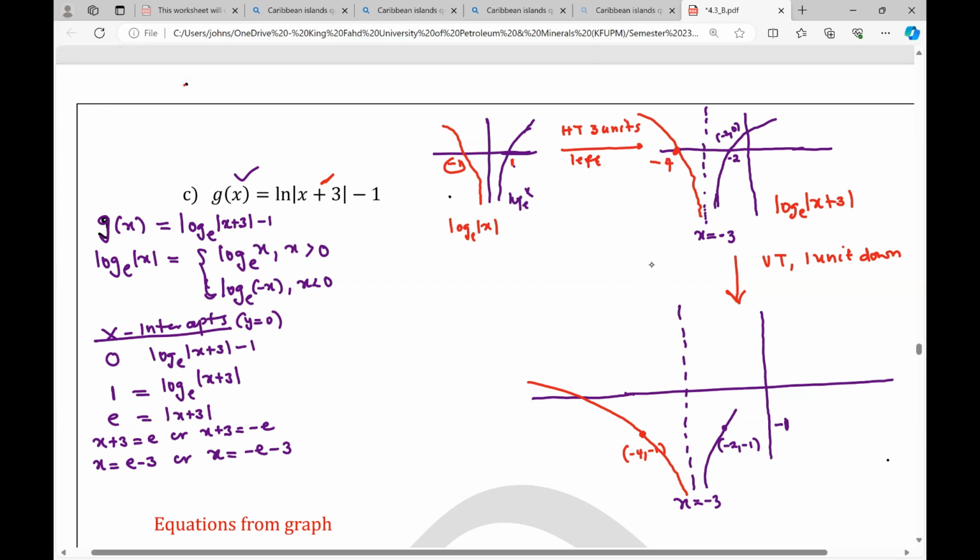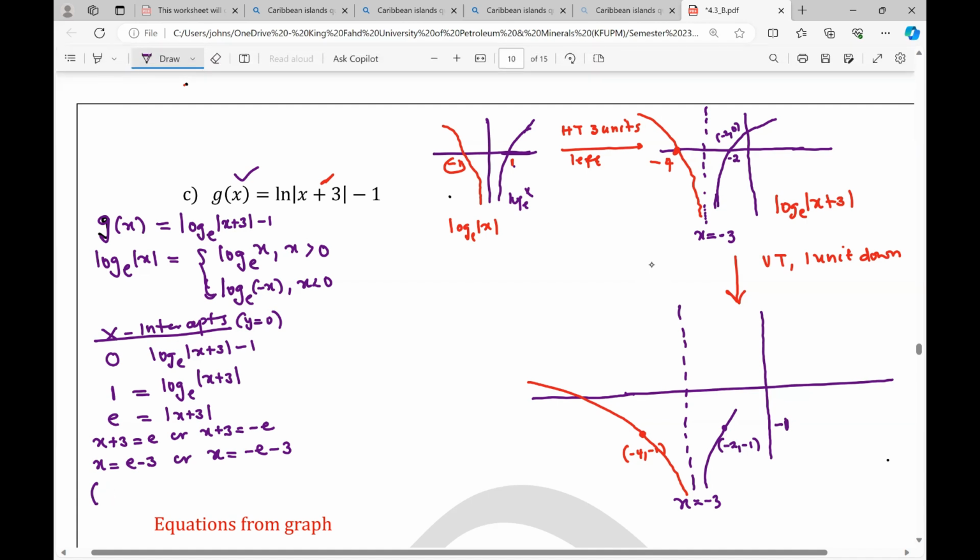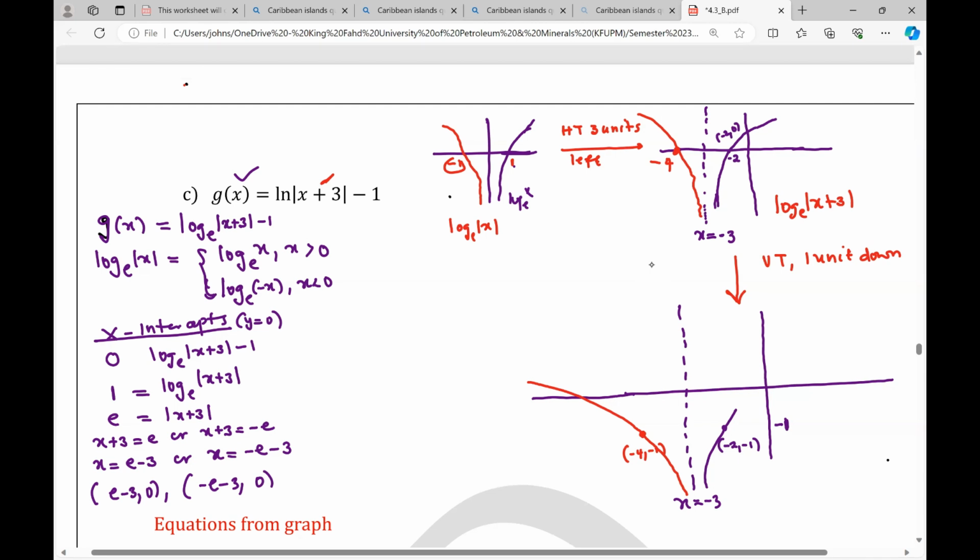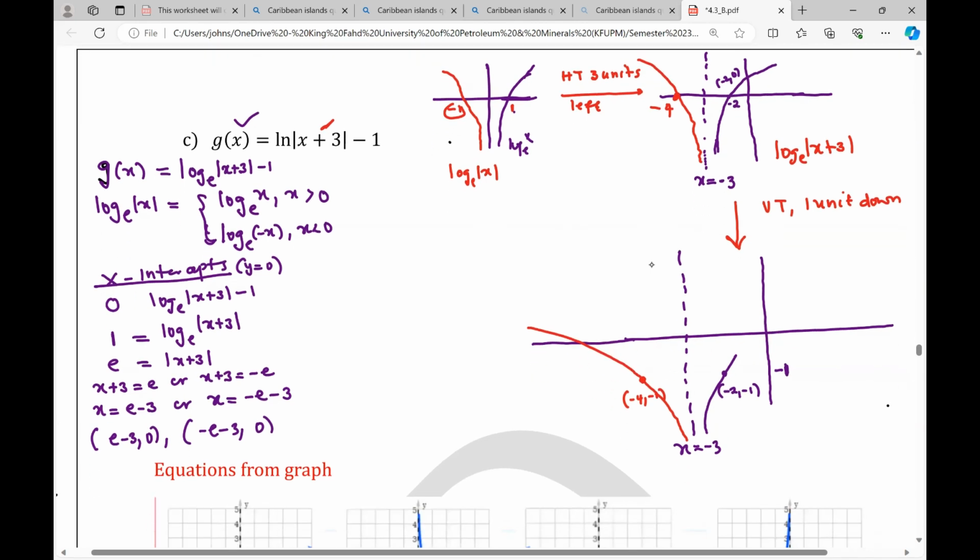So we have two values of x here. So it means our x-intercept will be e minus 3, 0, and also minus e minus 3, 0. But if you look at this now, you realize that both of them are negative numbers. Look at this one, this is the most negative, because minus e is around minus 2.6 something. So minus 2.6 minus 3 will give you close to minus 6.